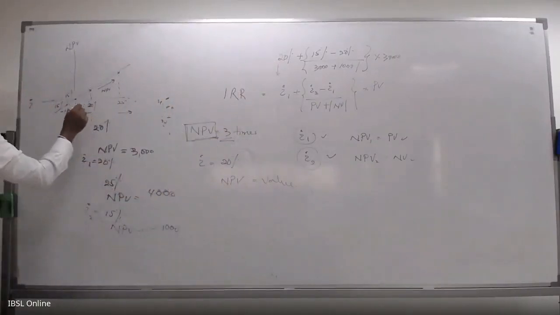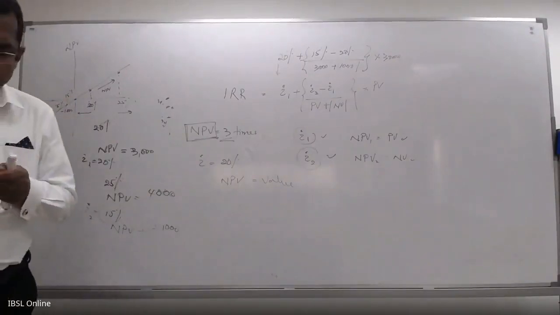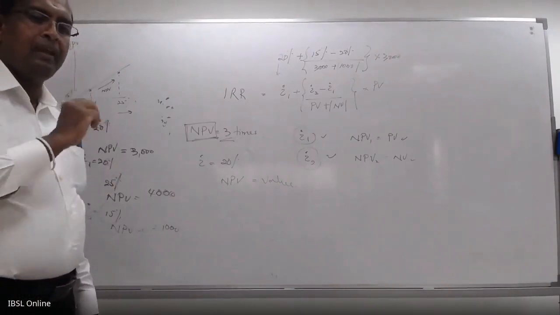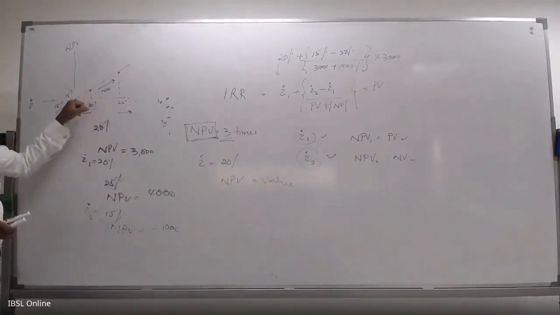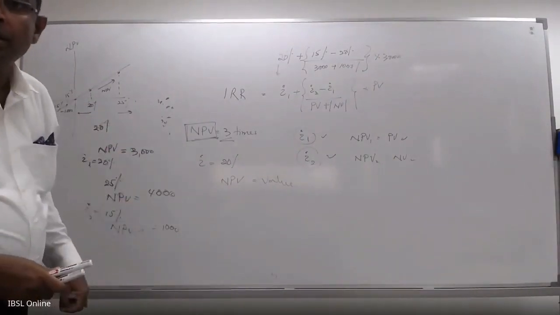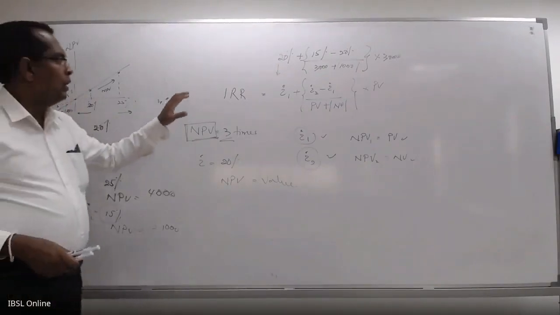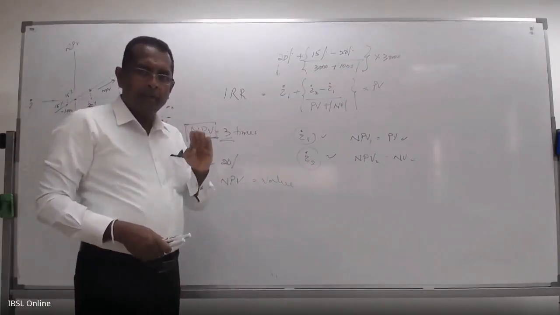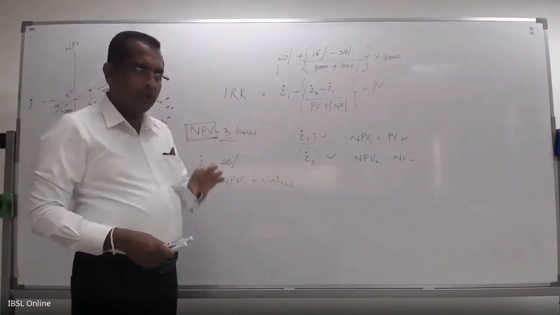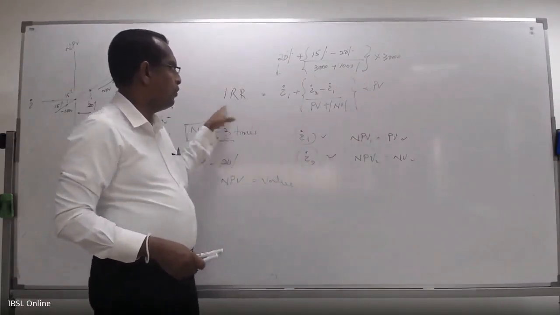It has to be below 20, because we want to find the discounting rate where NPV equals 0, right? This NPV is 0. So IRR is the rate at which NPV equals 0. In order to find the IRR of a project, we calculate using this formula.